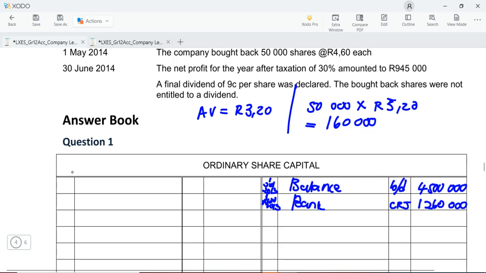So on the 1st of May 2014, we would have bank here, because remember, we're paying money for those shares. And then the other folio would have the CPJ. Remember, all the payments of the business are reflected in the cash payment journal. And then the amount of money that was actually paid, 160,000.